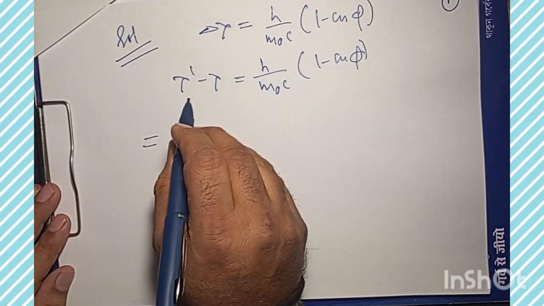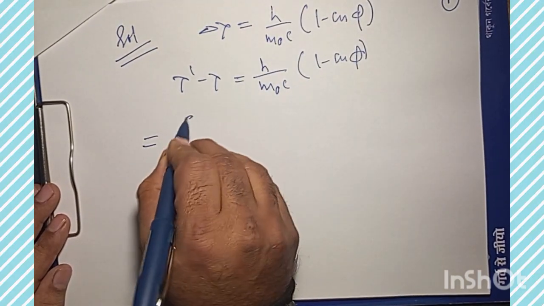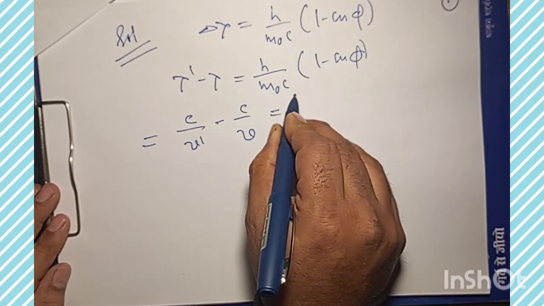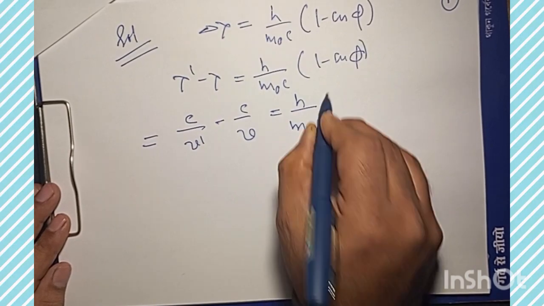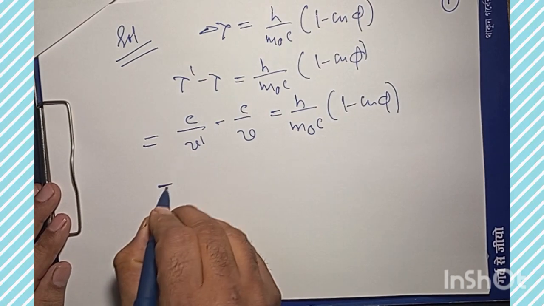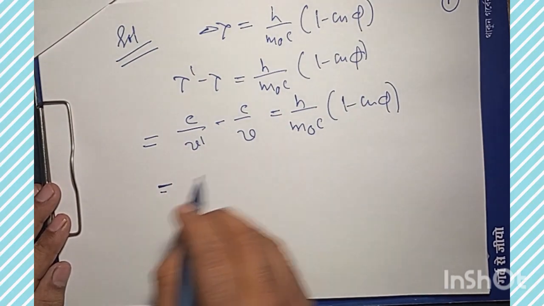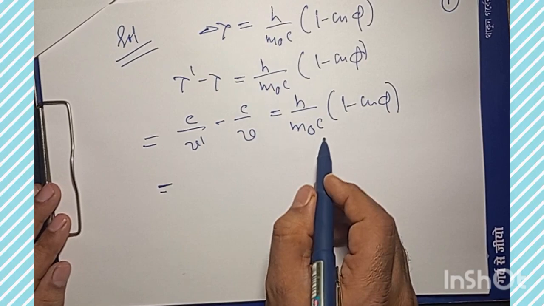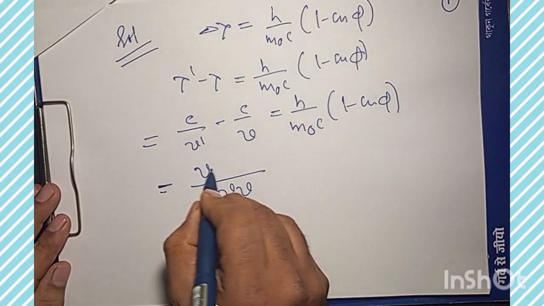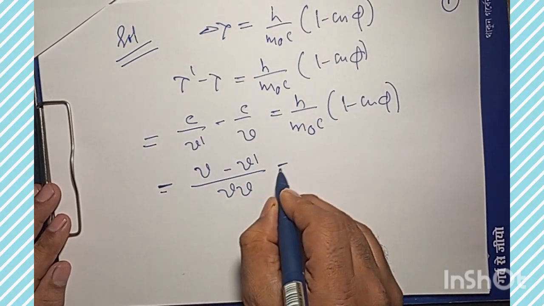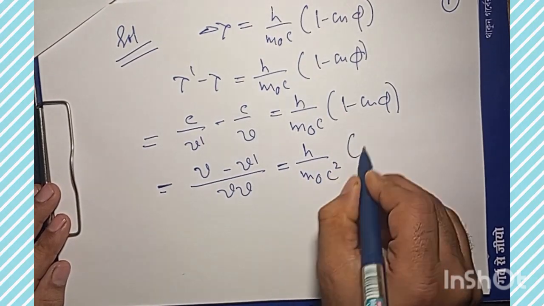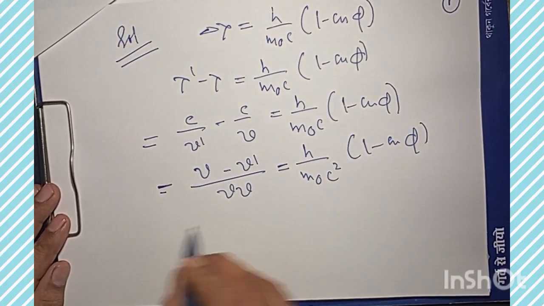If I write it in terms of frequency, this will be c by nu dash minus c by nu equals h by m naught c times (1 minus cos phi). Here this c will be multiplied, so we will have nu minus nu dash over nu nu dash equals h by m naught c square times (1 minus cos phi).